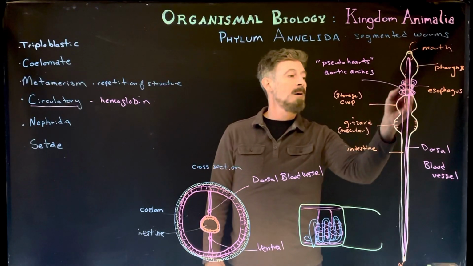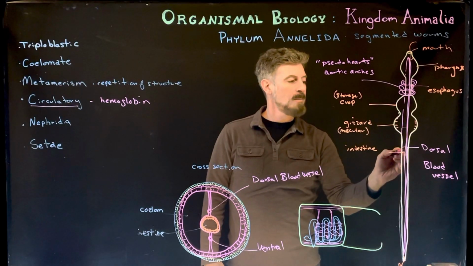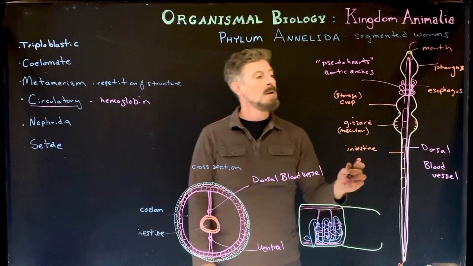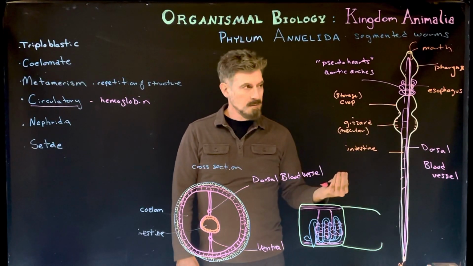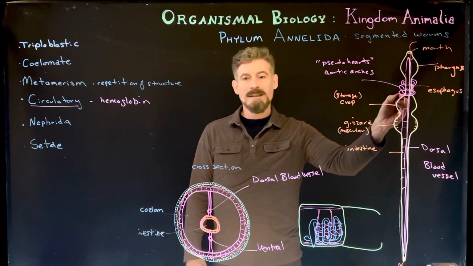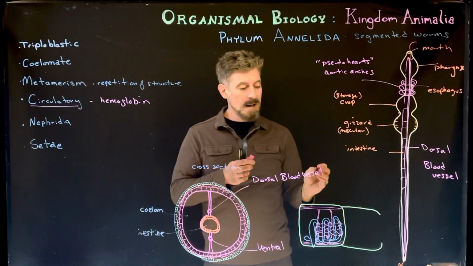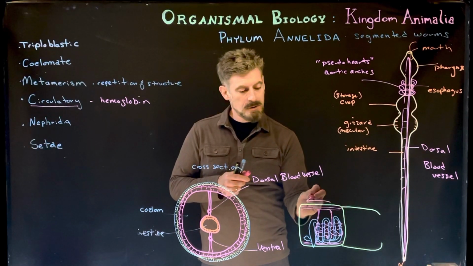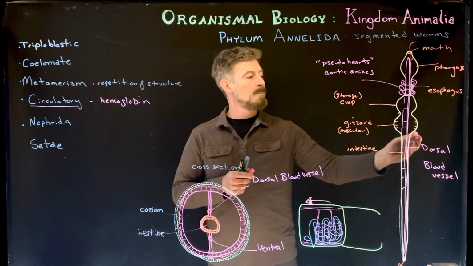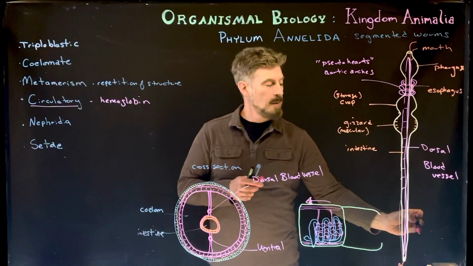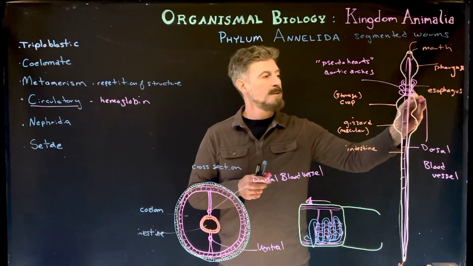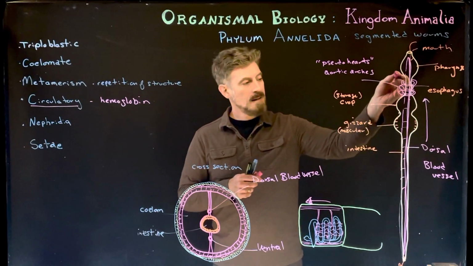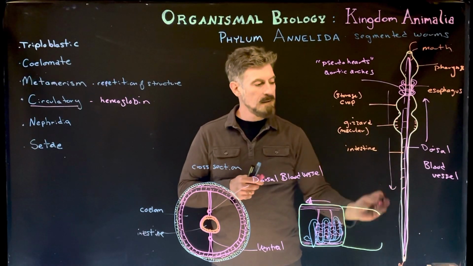In addition to that, all along the animal's body, there are connections between the dorsal and the ventral blood vessel, but these happen to be very thick. Generally the blood is pushed along the dorsal blood vessel from posterior to anterior, so blood flows this direction on the dorsal side, and then it comes back along the ventral side.